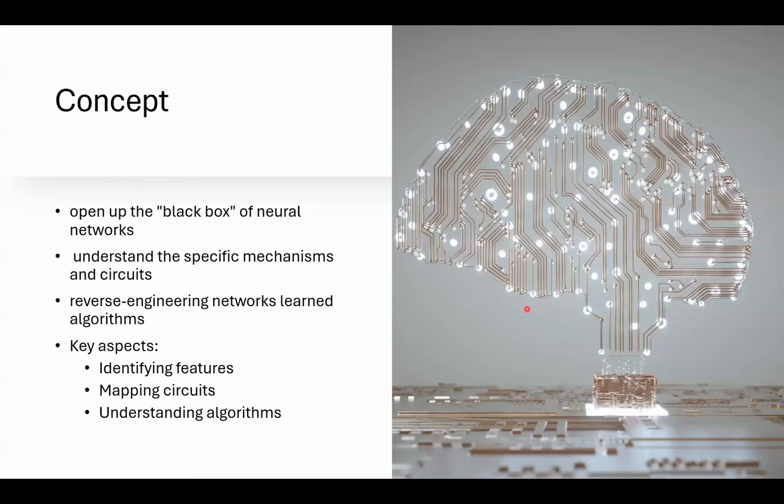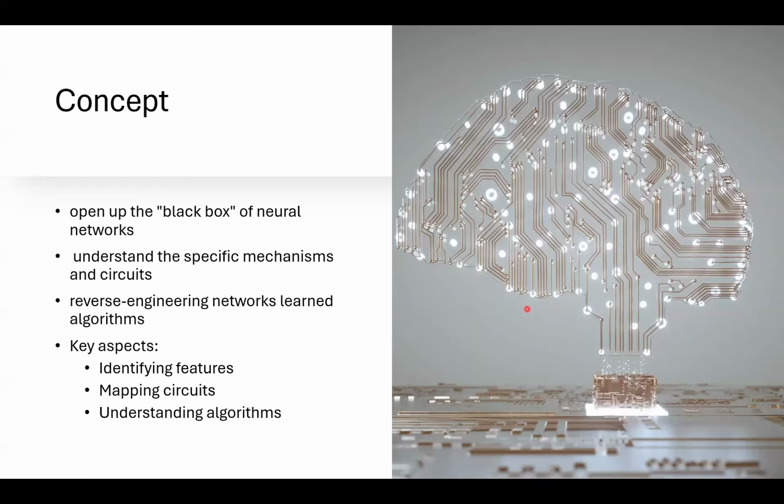So the general concept of mechanistic interpretability is to open up the black box of neural networks in general. It is not a new concept introduced specifically for large language models. It was there when we had simple artificial neural networks like ANNs, it was there for CNNs, and it is there for language models.